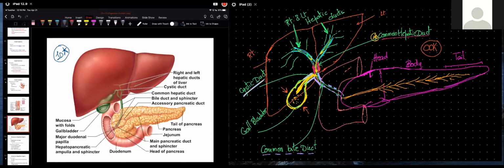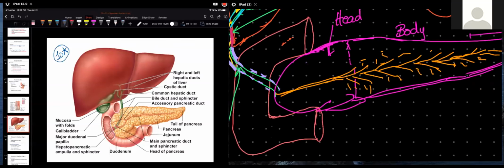Those enzymes and the pancreatic juice released from the pancreatic cells go through small ducts into a larger duct traveling throughout the length of the pancreas like this. This is my main pancreatic duct.